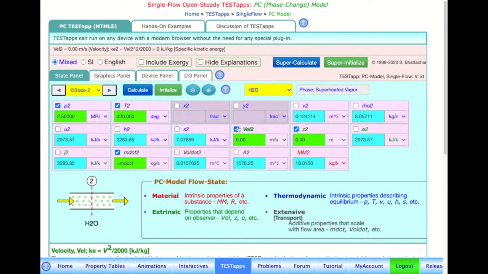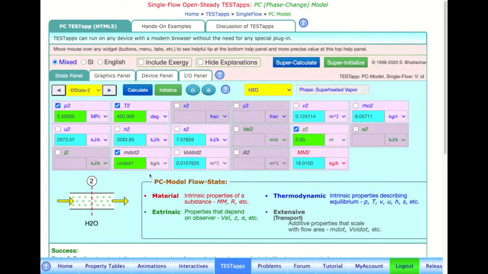What else? Well, we want to turn off the velocity here. And with the m dot known, now the area and the velocity will be calculated. If I come back, since I turned off the velocity, I'm now going to recalculate.